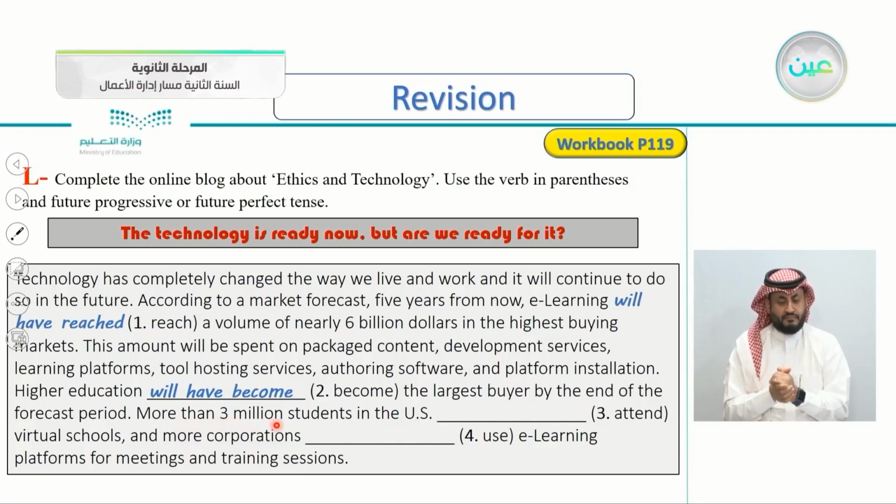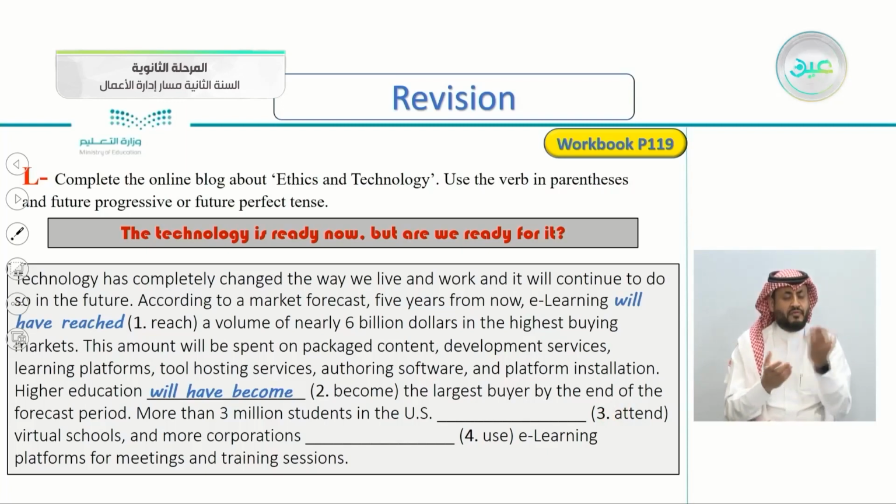More than 3 million students in the US attended virtual schools. So, number 3, more than 3 million students in the US attend virtual schools. So the verb here in number 3 is attend.